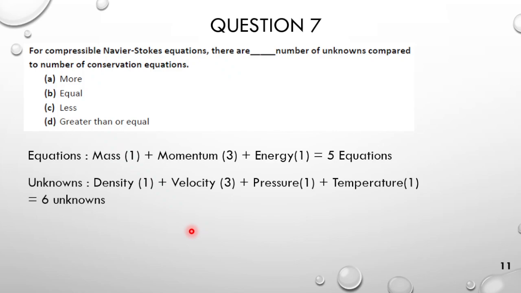The answer should be more, because they have asked only about the Navier-Stokes equation. If they had asked about all the conservation equations, then it should be D, greater than or equal to, because we close the equations using the equation of state. So in this particular context it should be option A, which is more. That is, if you see only the Navier-Stokes equation, there are more unknowns compared to the number of conservation equations.